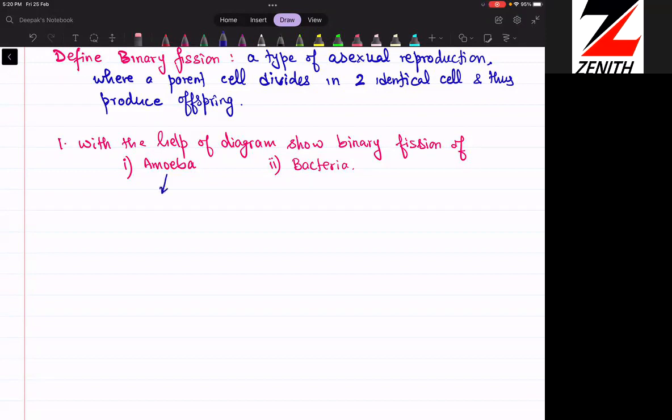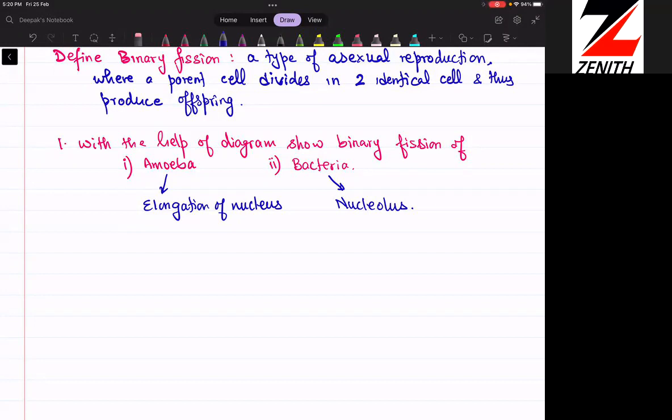So what you will say, in amoeba there is elongation of nucleus, or basically nucleus is involved, while in bacteria there is nucleoid, the absence of a nucleus. है ना, तो ये थोड़ा सा ध्यान रखेंगे when you are drawing the diagram for both.